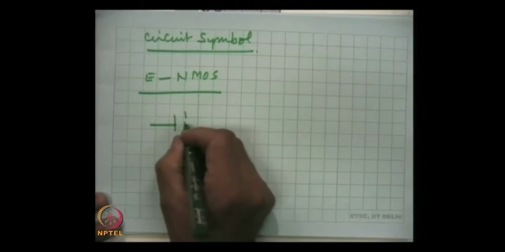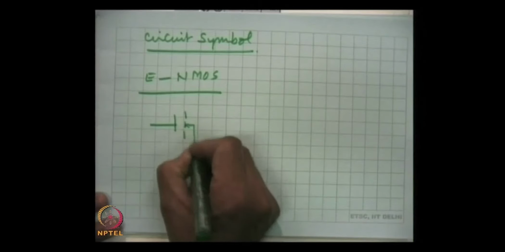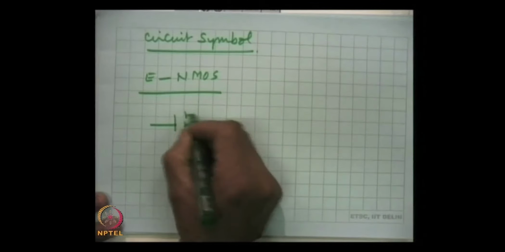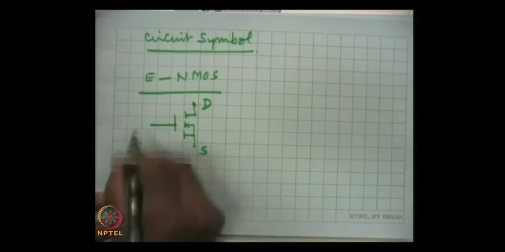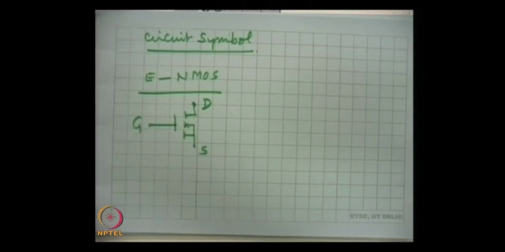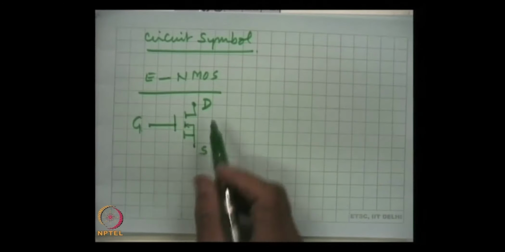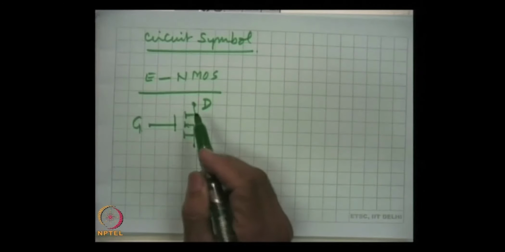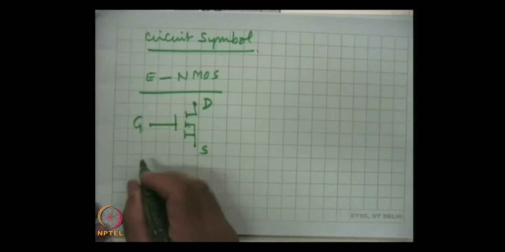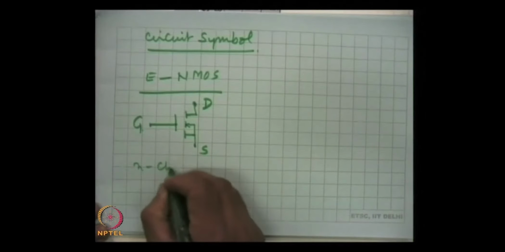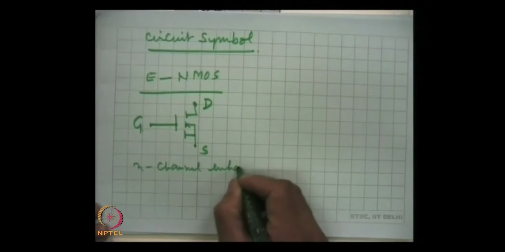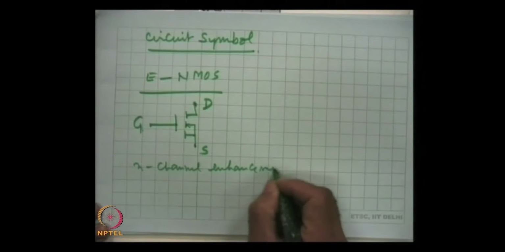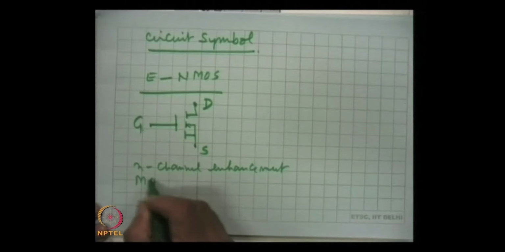This is specific to enhancement mode. This is drain, this is source, this is gate. This is the circuit symbol for n channel enhancement MOSFET.